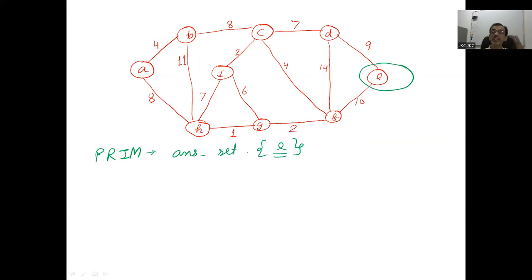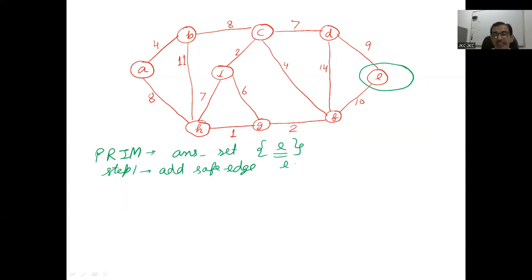Now from E, ultimately step 1, I have to add an edge. Add safe edge. But safe edge now doesn't mean the least weight edge of full graph. It means least weight edge which connects E to someone.